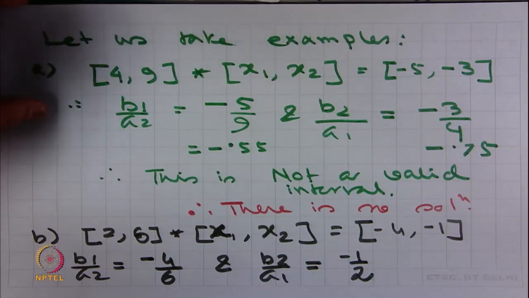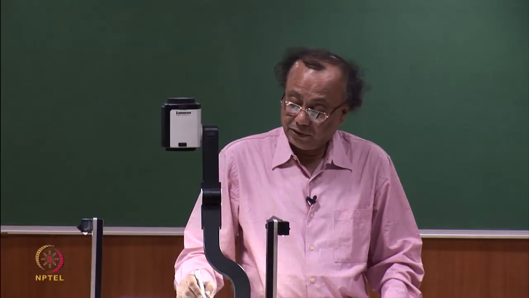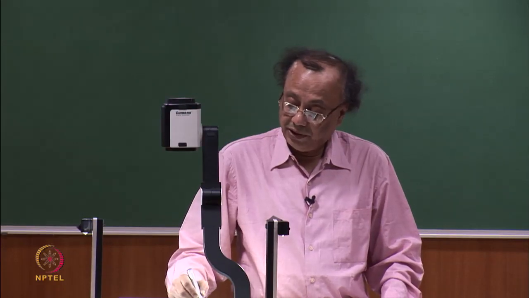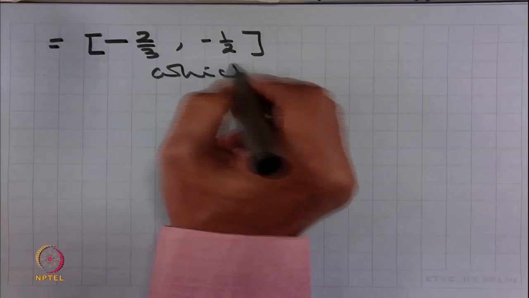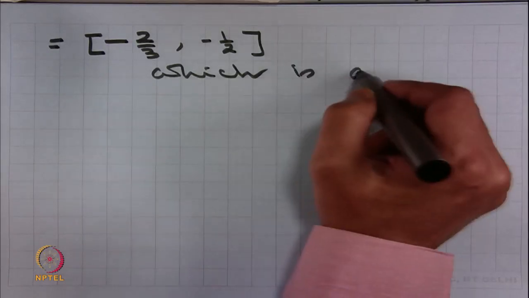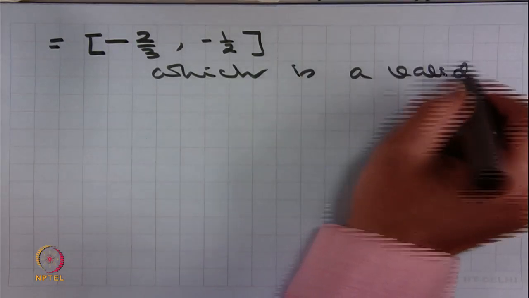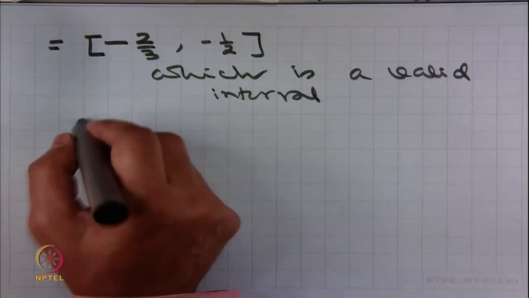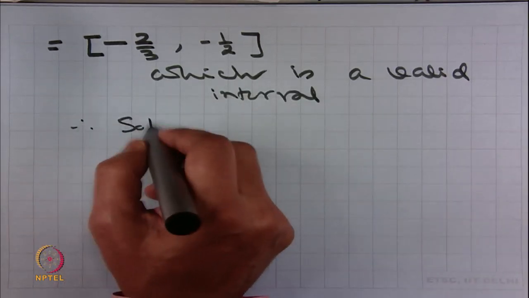Therefore, the interval is minus 2 by 3 to minus half, which is a valid interval. Therefore, solution will exist.